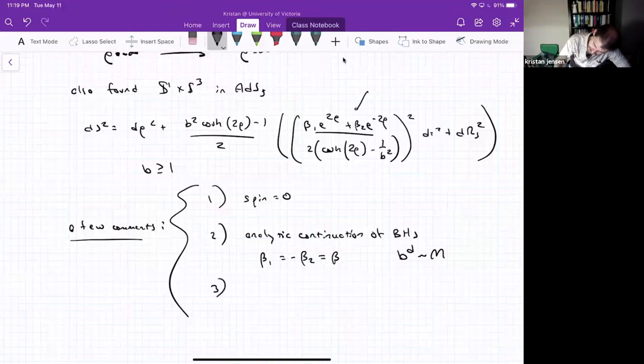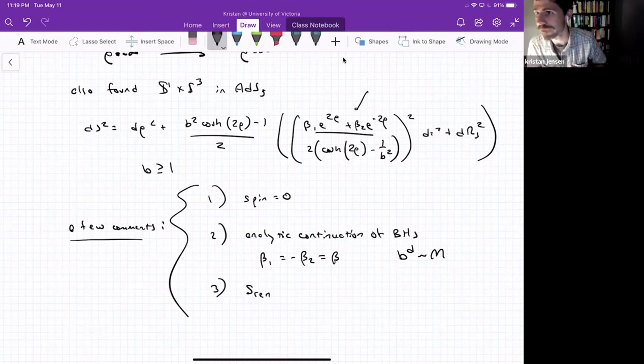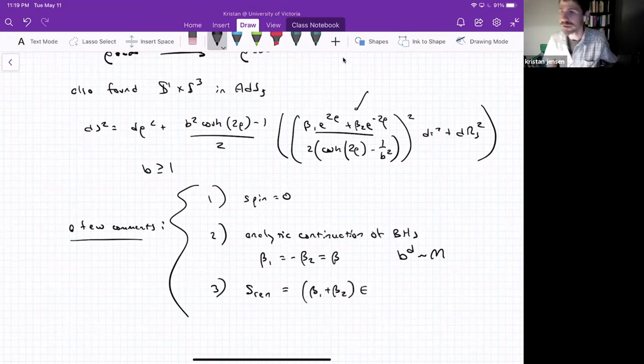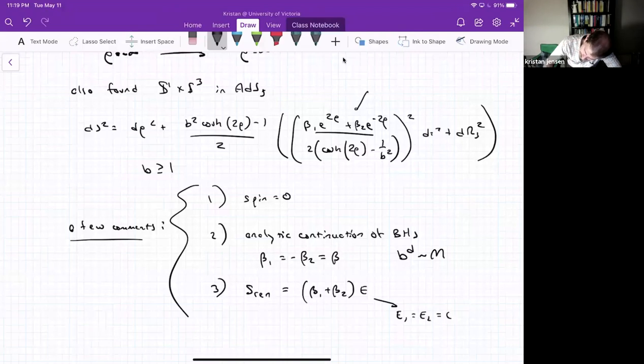The third comment to make is that the renormalized action, if you do holographic renormalization and compute the action of these wormholes, takes a very simple and appealing form. It's beta 1 plus beta 2 times the energy carried by the wormhole, the thing that you would get from looking at the boundary stress tensor. That energy is the same energy on both boundaries.